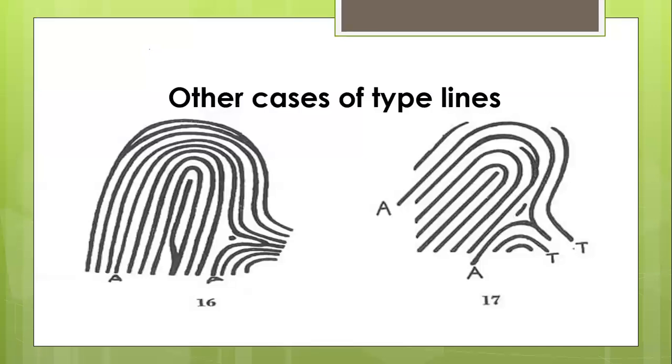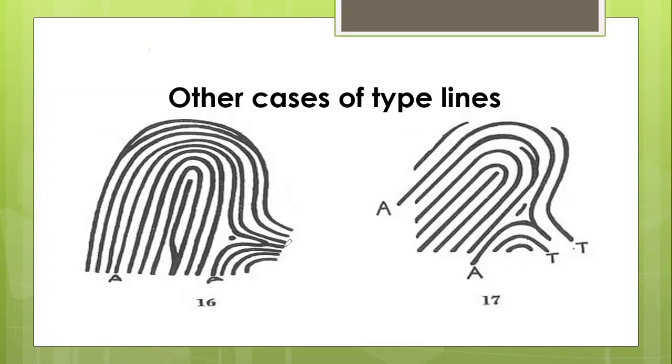Yes or no? No. Because it is not considered a type line in the sense that it is a bifurcation. What is the rule for type line? The two innermost ridges that run side by side.